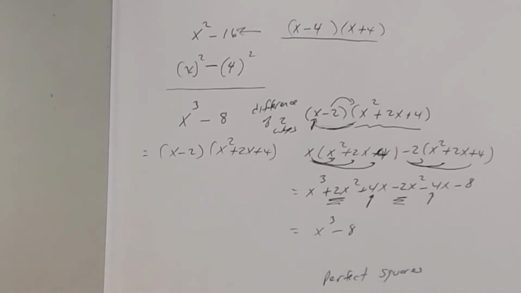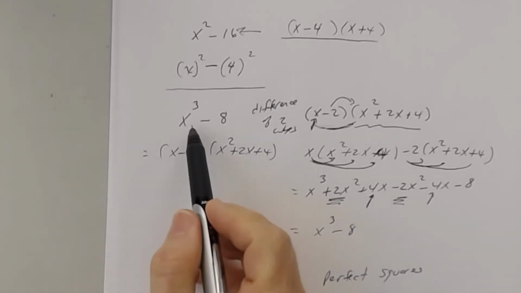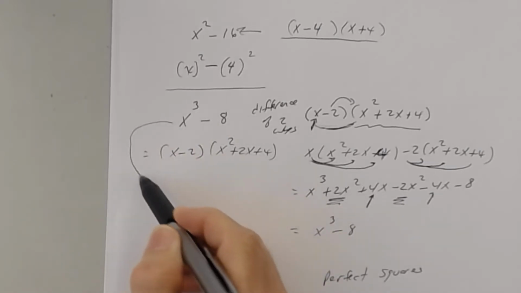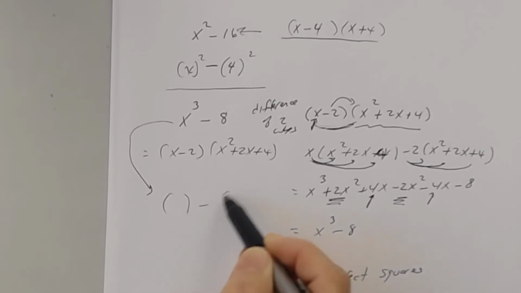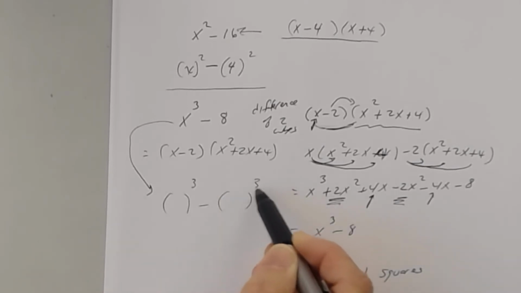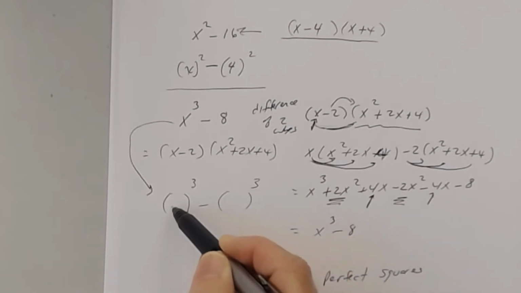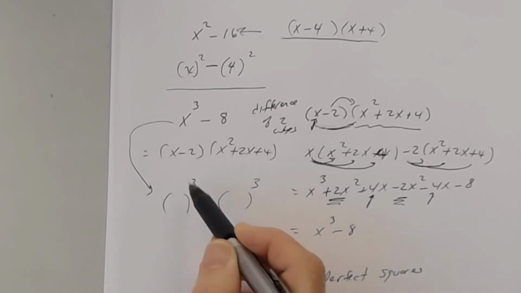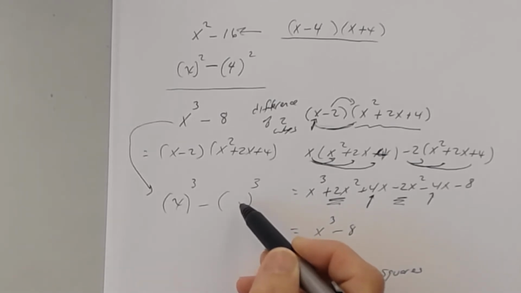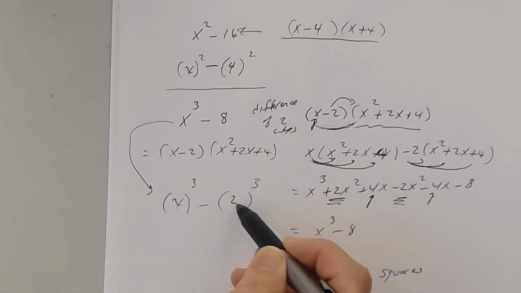Now listen carefully. First of all, do y'all agree that this is the difference of two cubes? Because I can write this as something cubed minus something cubed. What times itself 3 times is x cubed? X. What times itself 3 times is 8? 2. So that's the difference of two cubes.